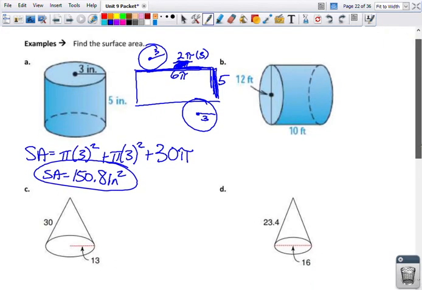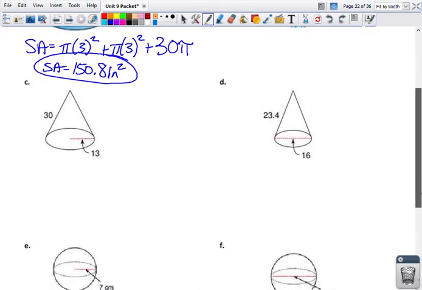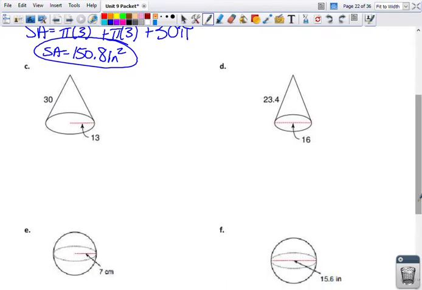Those will probably be the most complex, but let's take a look at a few more of them. The other two, you just have to use the formula. So the formula for a cone is pi RL. Wow, this one's pretty darn easy for you. Surface area is going to equal pi times the radius, which is 13, times the slant height. It's given right here.